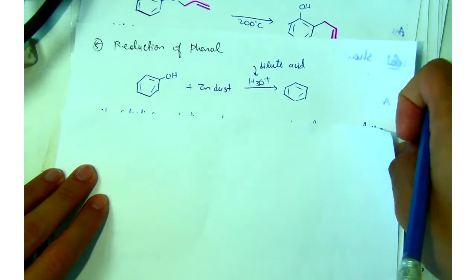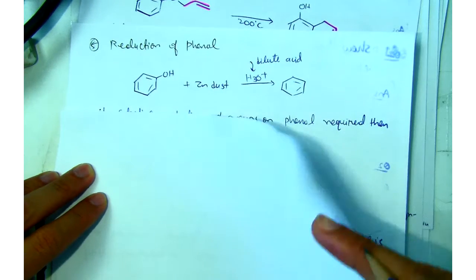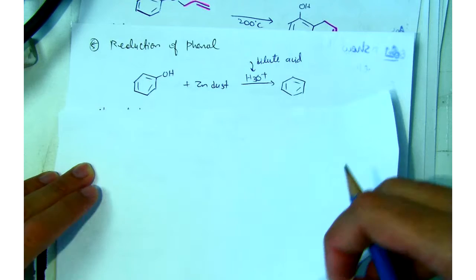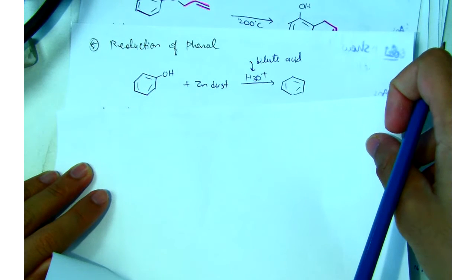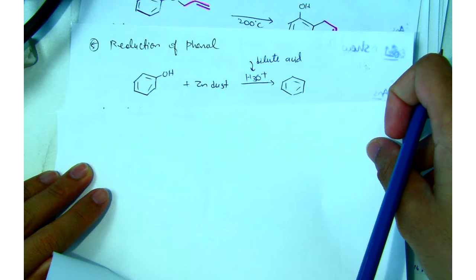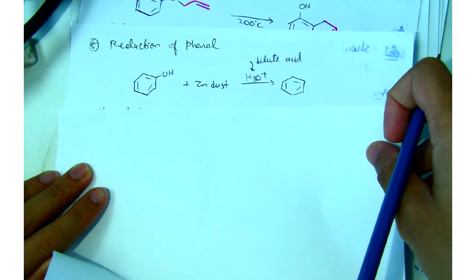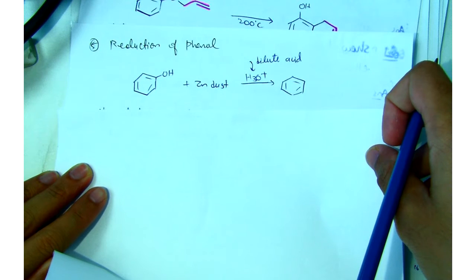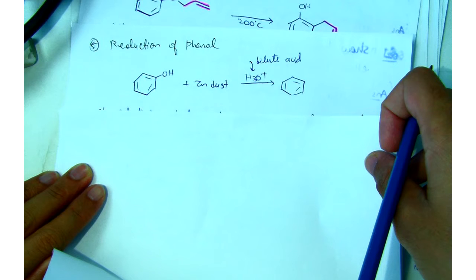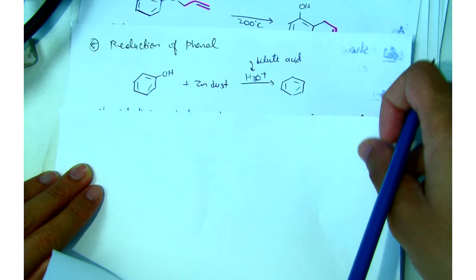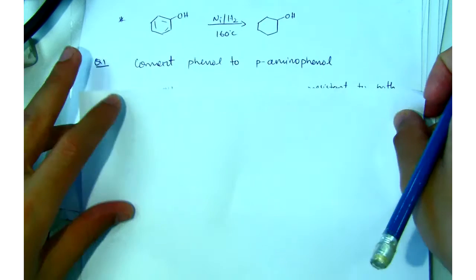With zinc dust and acid you convert directly to benzene. Okay, next let's try this.